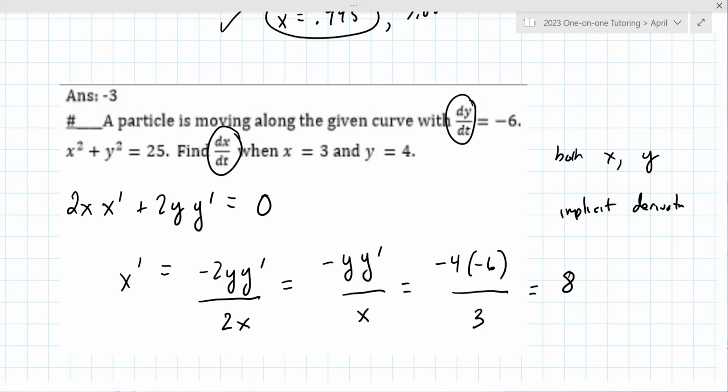So the answer would be -4 times -6 equals 24 over 3 equals +8. Okay.